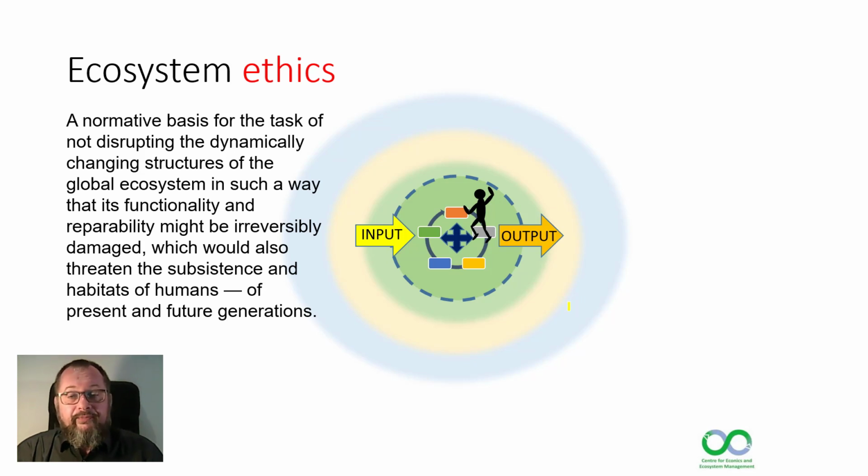We would follow or develop an ecosystem ethics as a normative basis, and where we then would understand, yes, if we are a dependent component part, we have the duty to work within this system that it may function sustainably without being irreversibly damaged, function not only for its own sake but also for the subsistence of present humans and future generations.